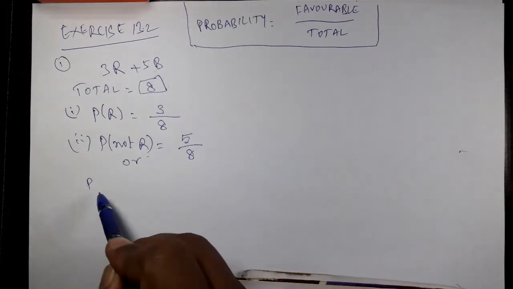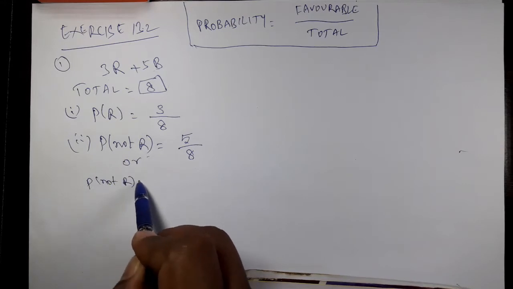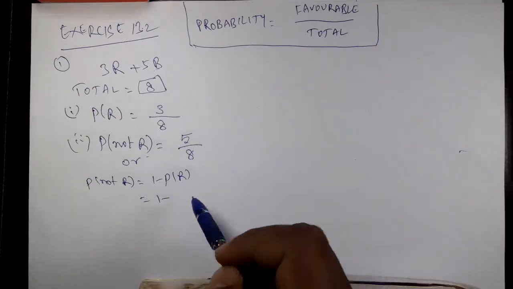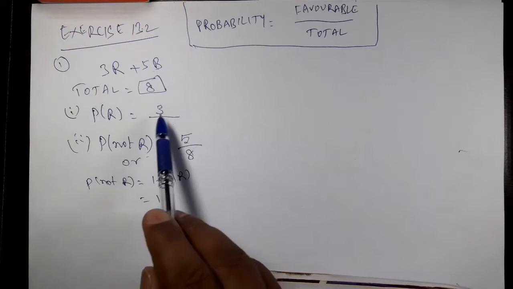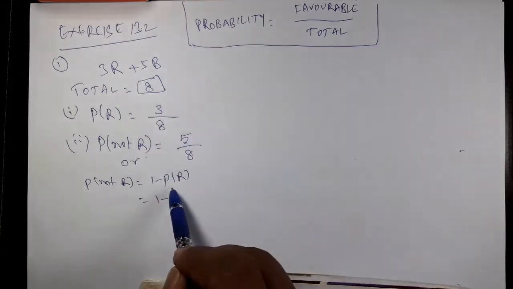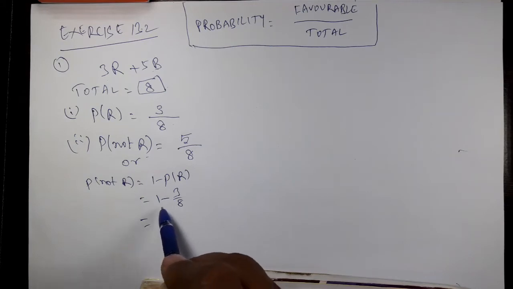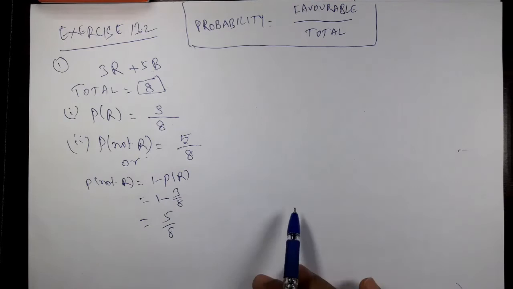So probability for not red can be written as 1 minus probability of red. Getting a red ball we have already calculated, 3 by 8, right? So 1 minus 3 by 8 is of course 5 by 8. Same answer, right? You can do this way also.